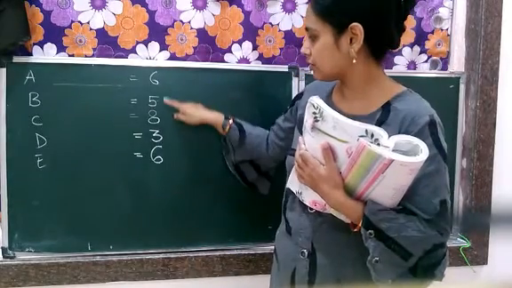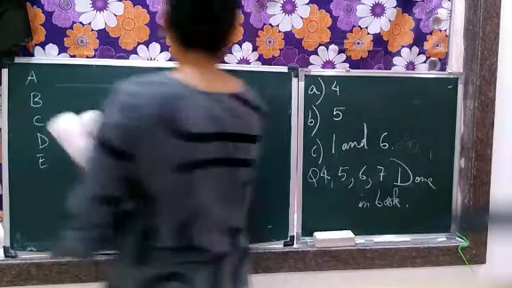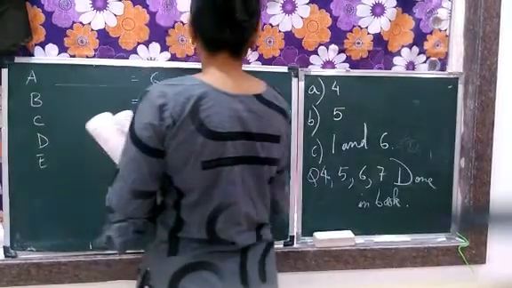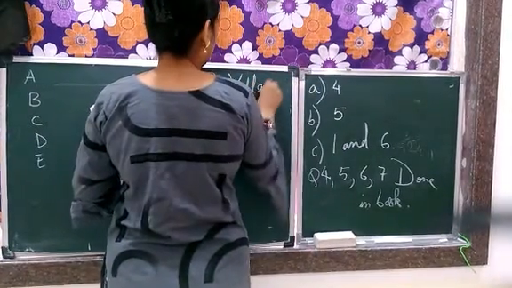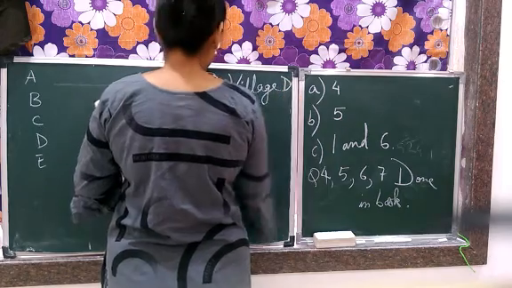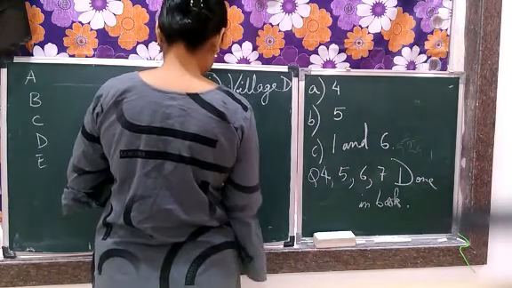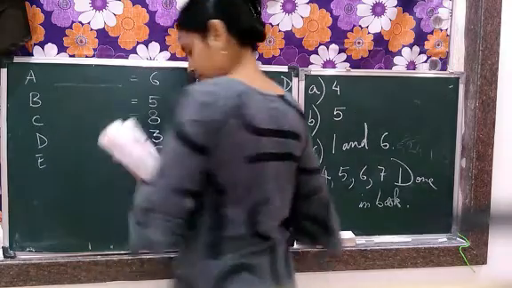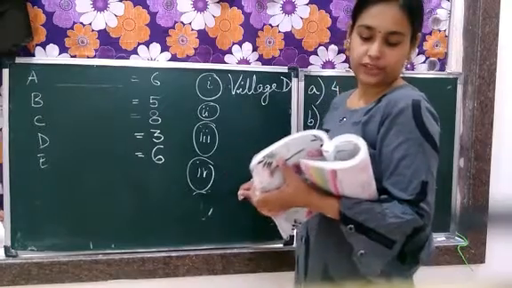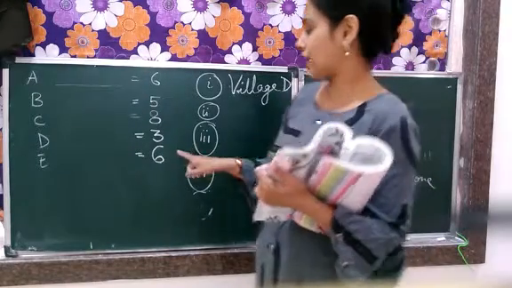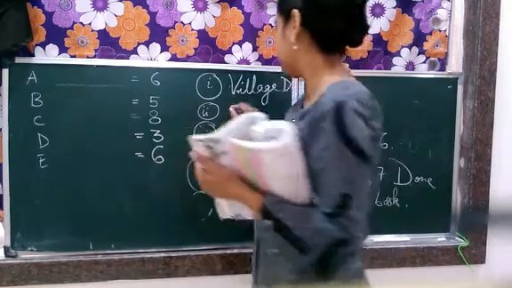Village D. So first one, you can write village D. Then which village has maximum number of tractors? So check which one. 8 is maximum. So village C.